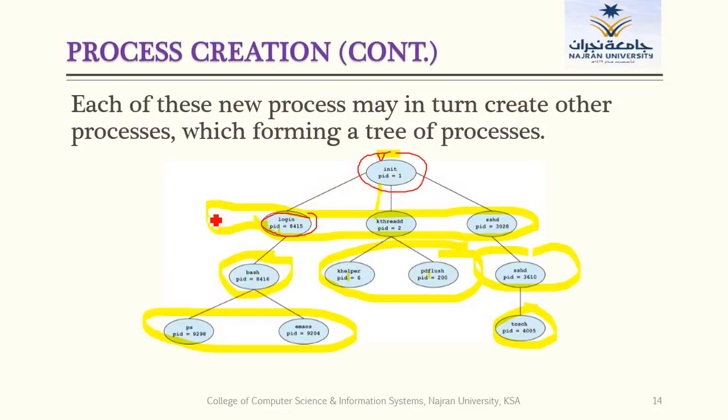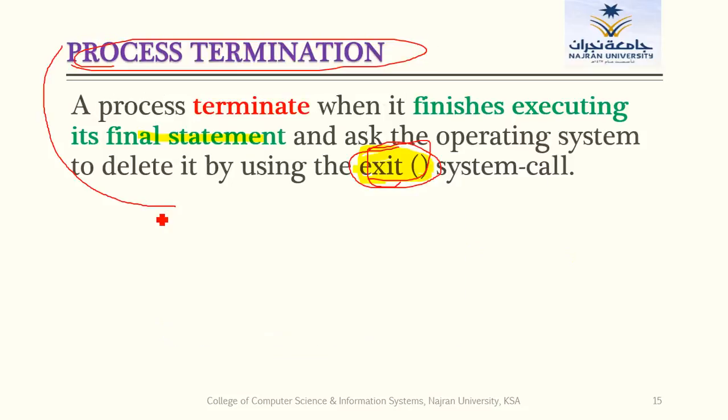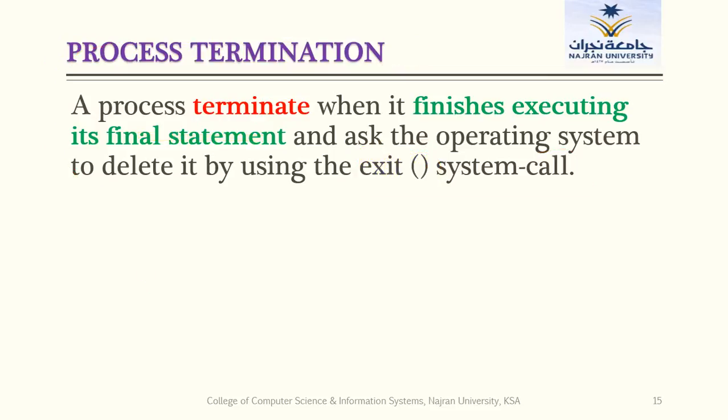Then we have seen that each process has a unique process ID. One process can create maybe more than one process, but the process ID must be unique. So process termination: how do we terminate a process? By using the system call exit. Termination is to remove from the memory.